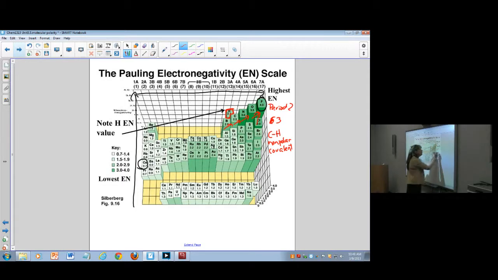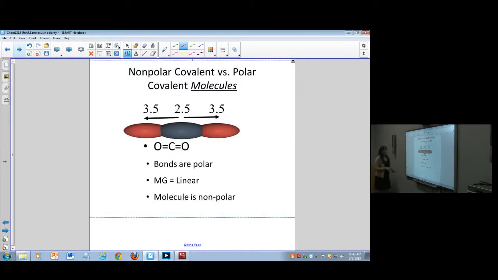It has a delta EN of about 0.4, but we, by definition, say that that's nonpolar covalent. All right, so we're going to start by looking at the difference in these geometries.